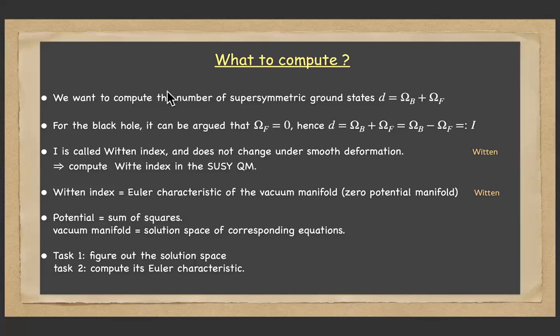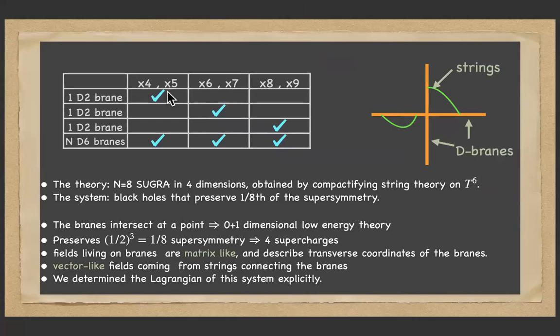You also have vectors, presumably. You have spinors that are matrices. You have adjoint ones coming from gauge fields. You have vector, I also have scalar. You have vector representations, so they're not matrices, they're just vectors, from these strings.